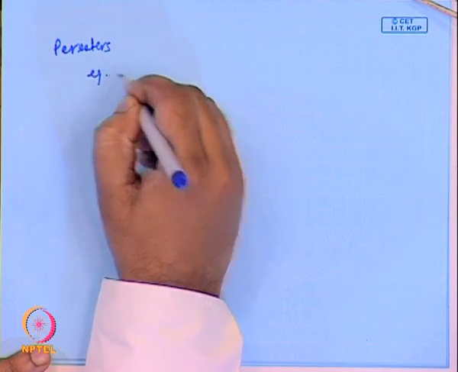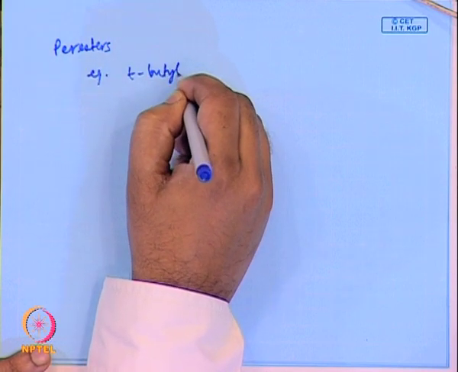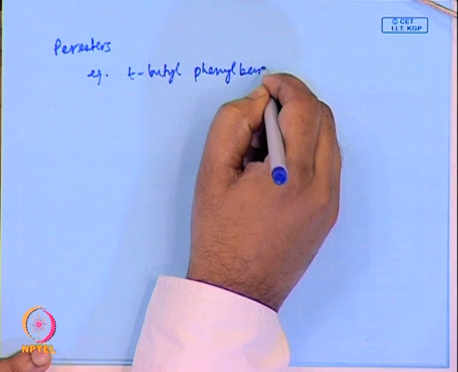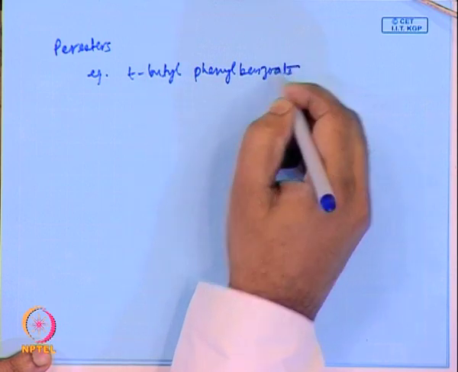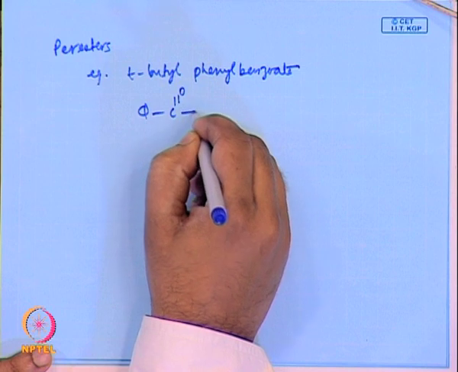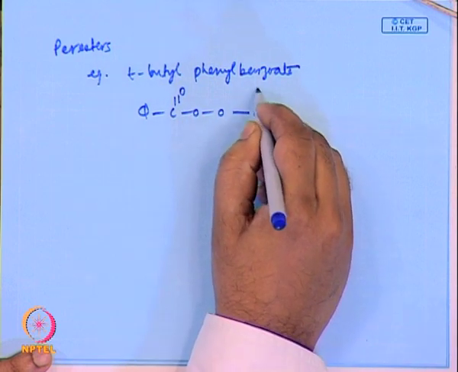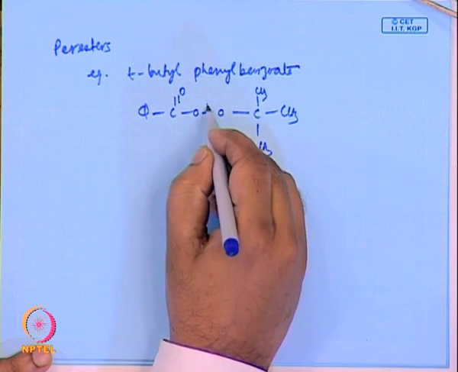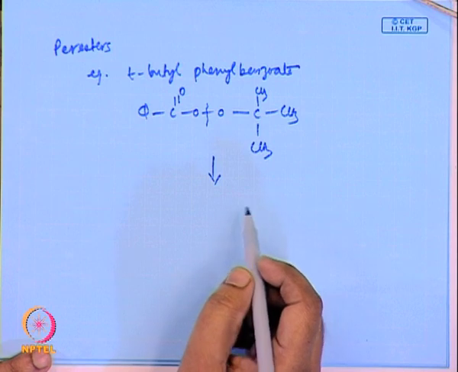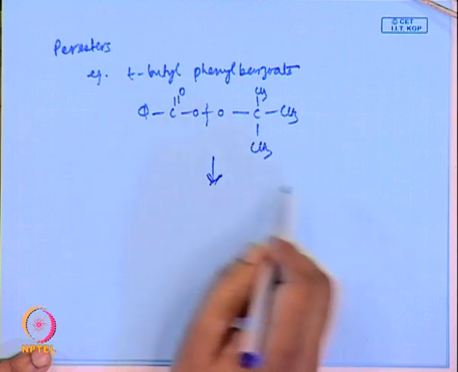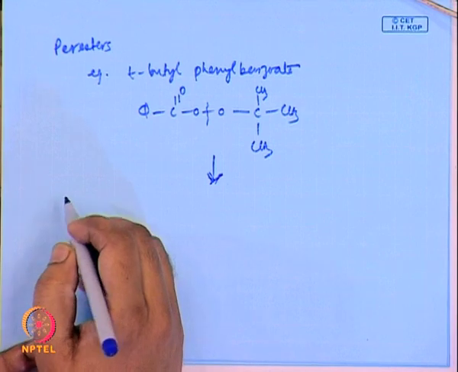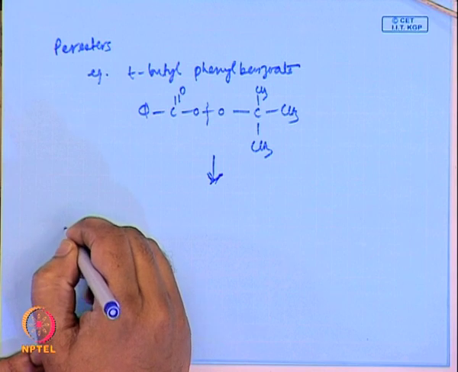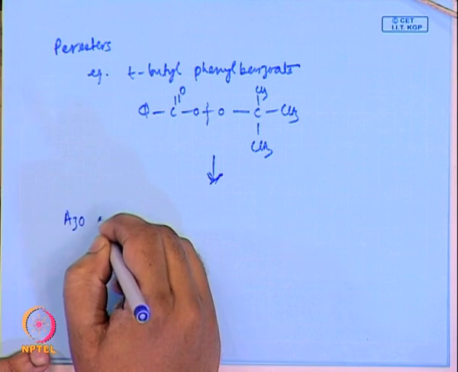For example, tertiary butyl perbenzoate, it can break from here and form two different radicals. Now, the other main type of thermal initiator is azo compounds.